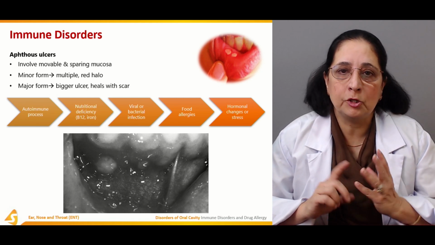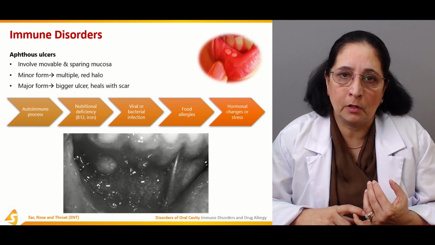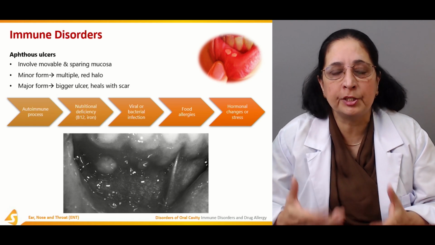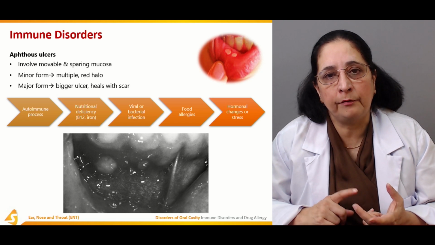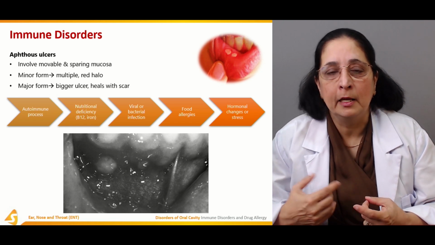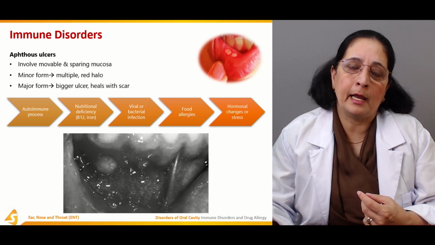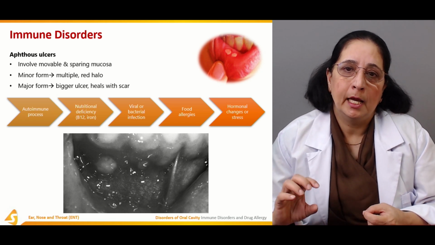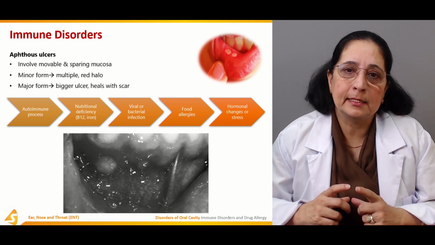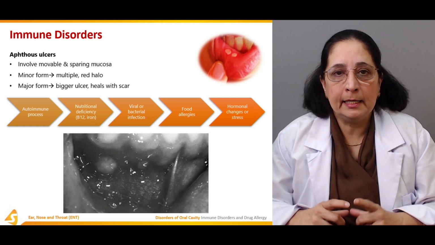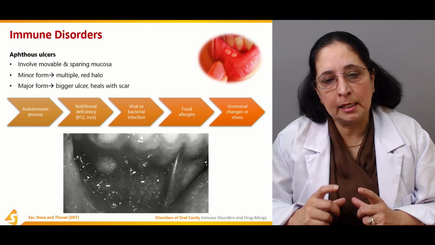Some common causes: autoimmune process, and nutritional deficiencies, especially deficiency of iron and vitamin B12. Females commonly have iron deficiency anemia, so that iron deficiency can lead to aphthous ulcer formation. Viral and bacterial infection is another cause.